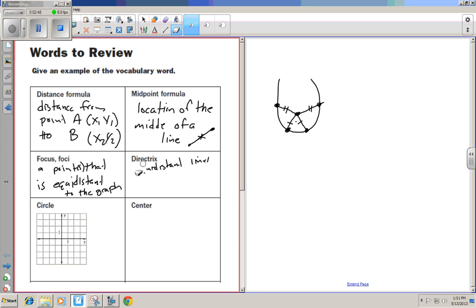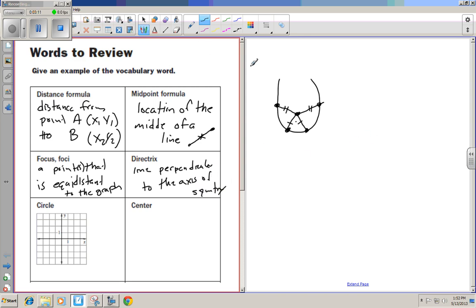It is equal distance to the foci, but what the directrix is, is a line that is perpendicular to the axis of symmetry.